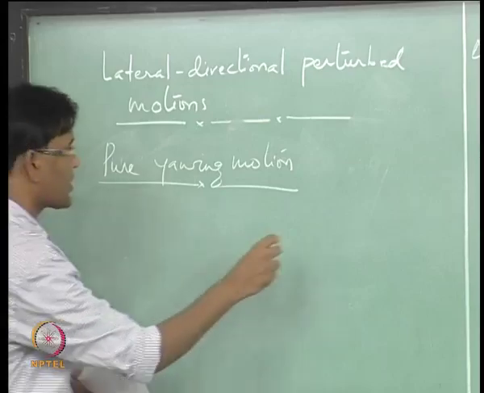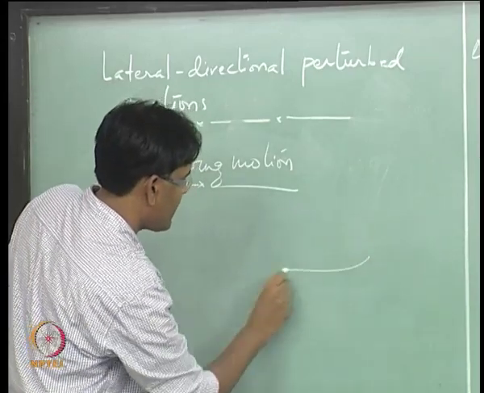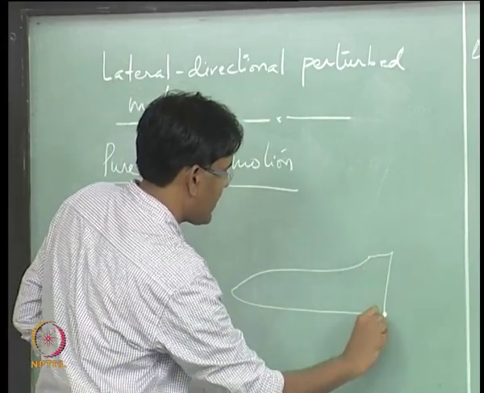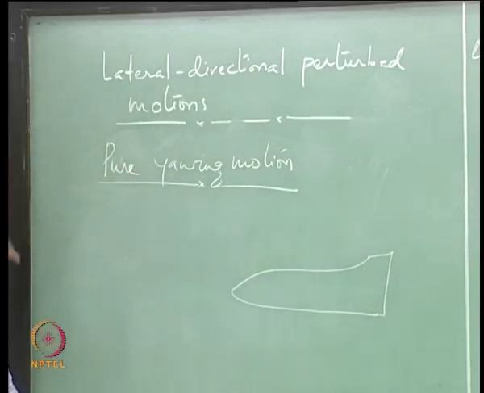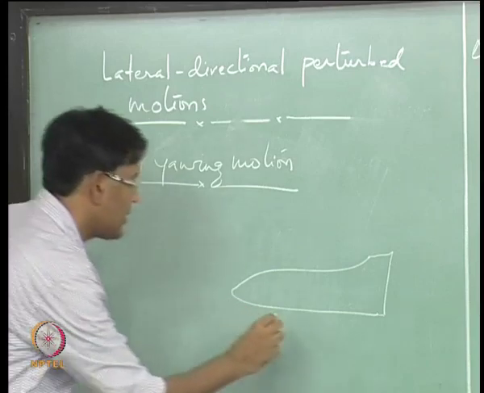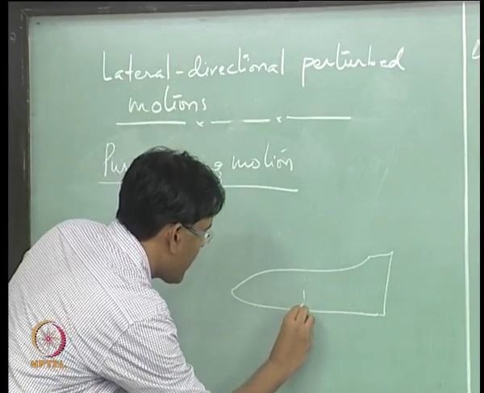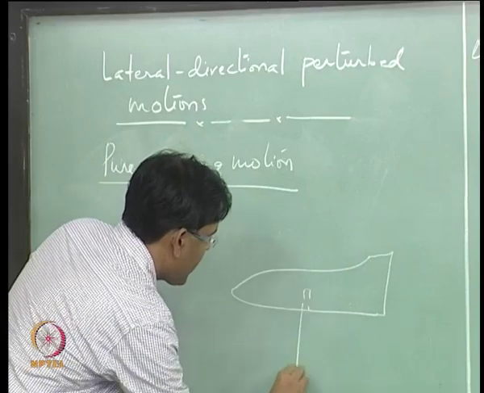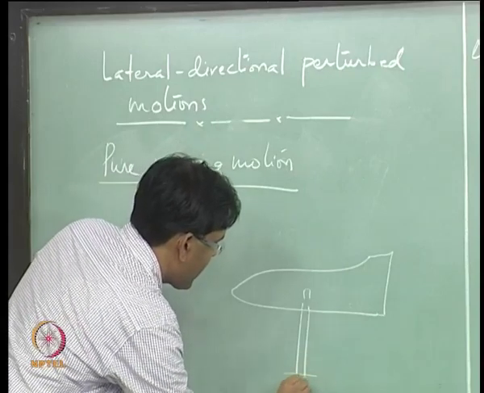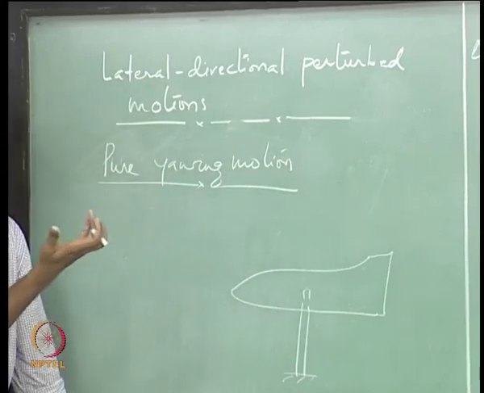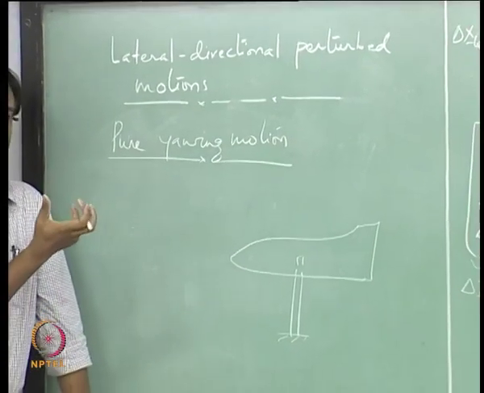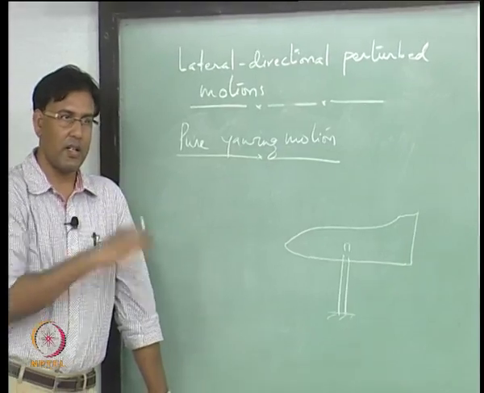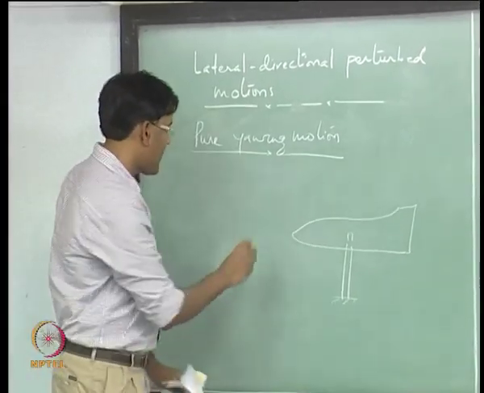So, pure yawing motion. Again I have some arrangement made in the wind tunnel which only provides degree of freedom in yaw. So, it can freely rotate about the z axis, but no other motion is possible.